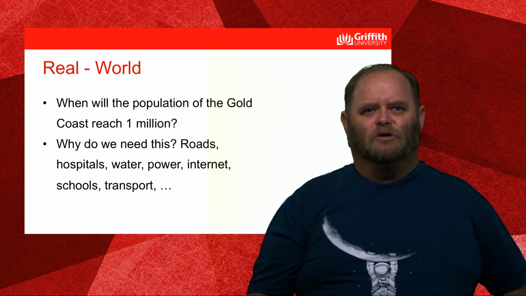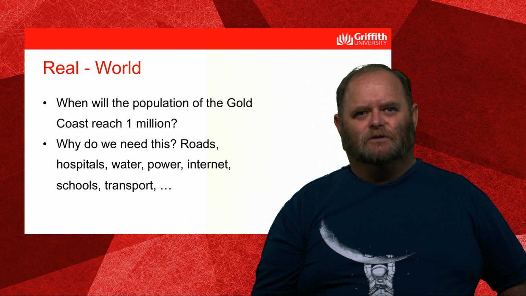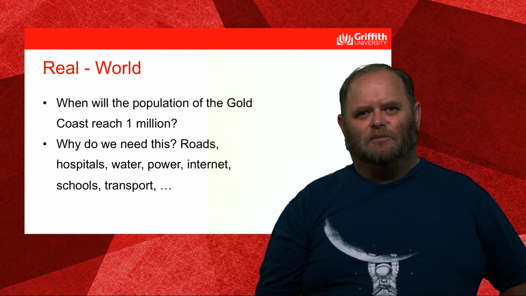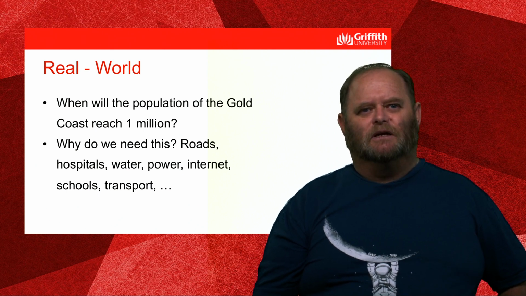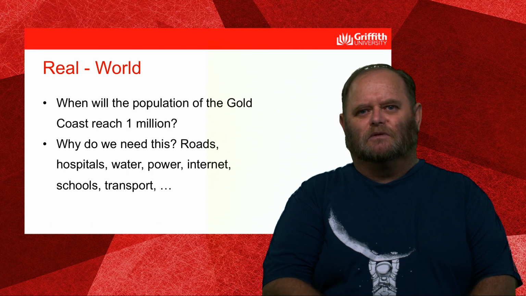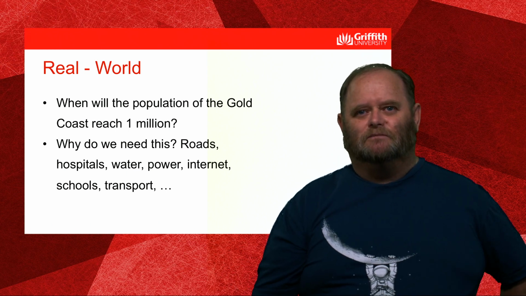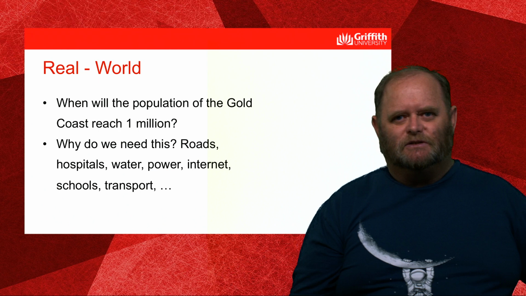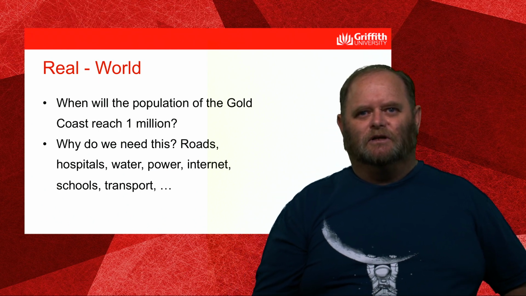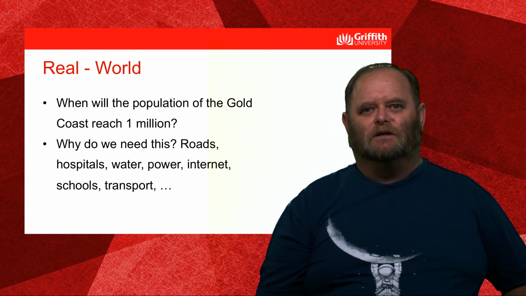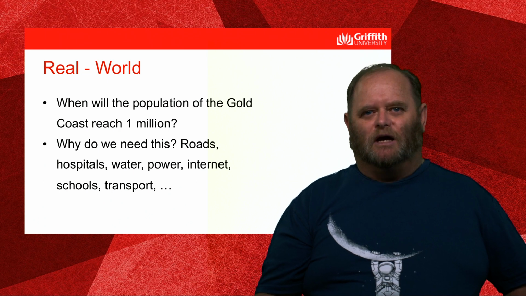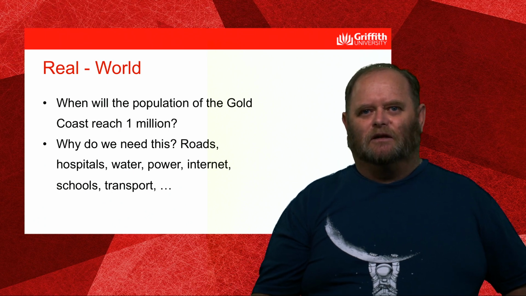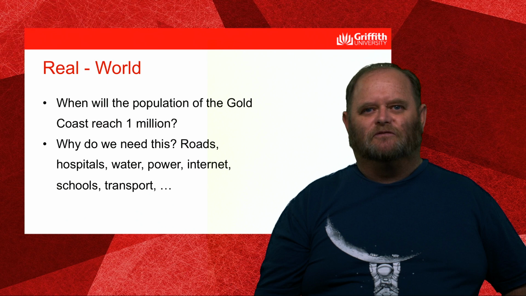Lastly, the real world problems are going to go back to the good old exponential problems. I think at the moment the Gold Coast is riding high on the Commonwealth Games, and we're asking questions like, how do they know whether they've got enough facilities for it?